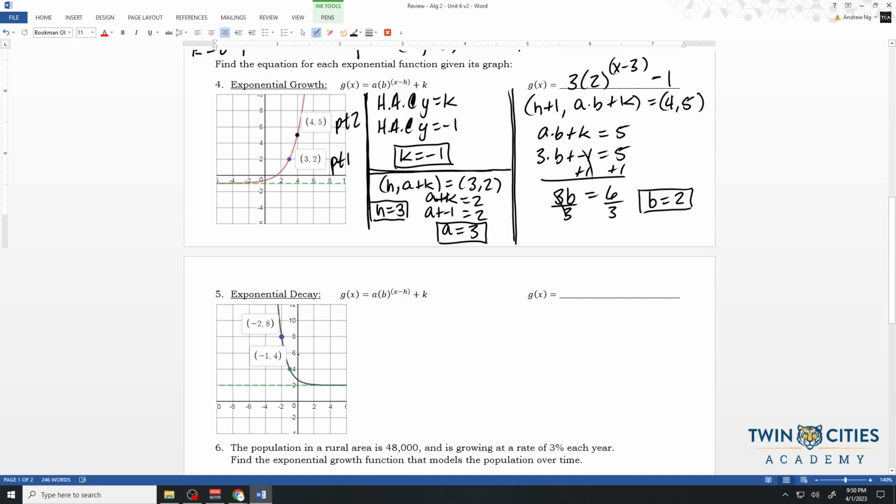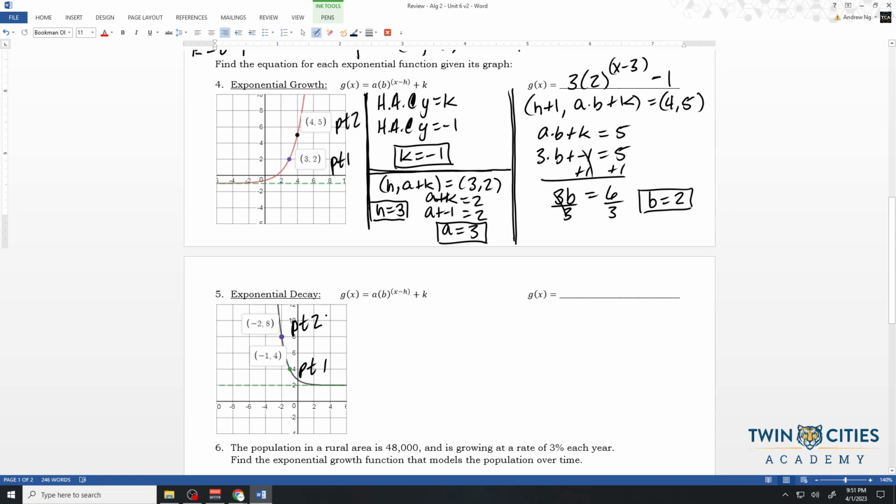But compare that to exponential decay, number 5. For exponential decay, I'm going to look at the same type of things. I'm going to look at my 2 reference points here, as well as what my horizontal asymptote is. However, with decay, my first reference point isn't to the left. My first reference point is to the right. So this is point 1, and then this one up here is point 2.